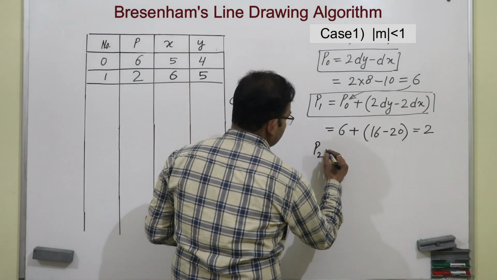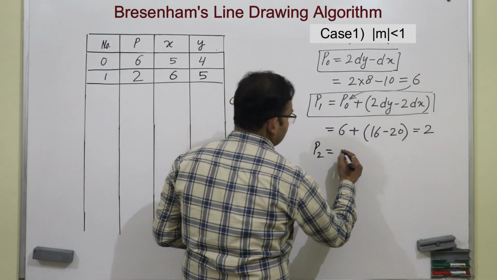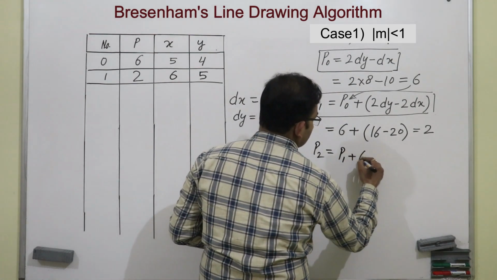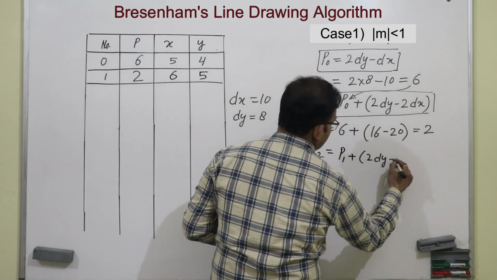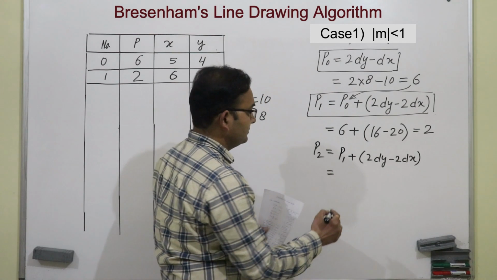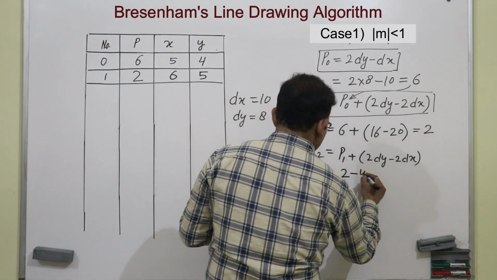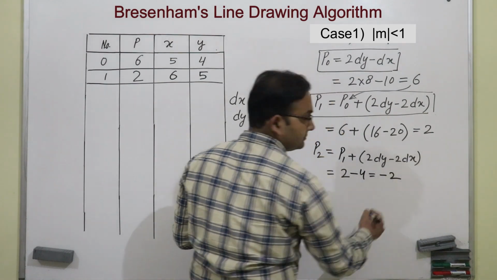Then calculate P2. The previous value is positive, so P2 equals P1 plus 2dy minus 2dx, it is 2 minus 4 equal to minus 2.